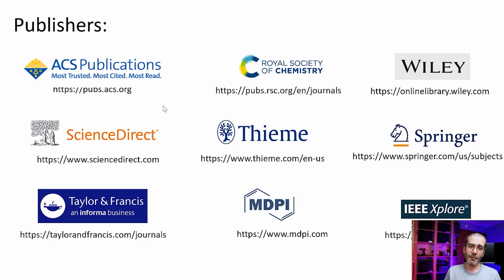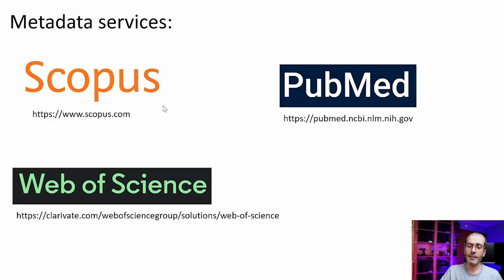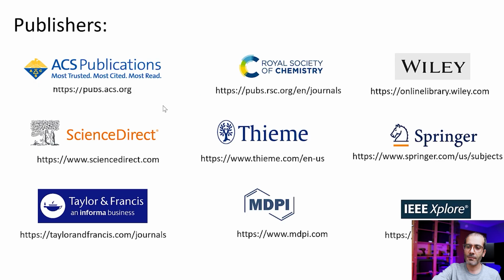So those three websites that I showed you here are like search engines, right? They are not the actual publisher, and each of these websites has some publishers underneath. I'm showing some of the most famous ones here, like ACS or Royal Society of Chemistry, Wiley or ScienceDirect.